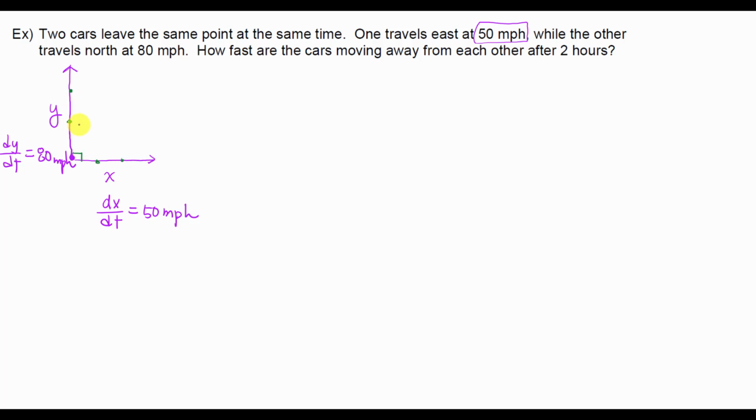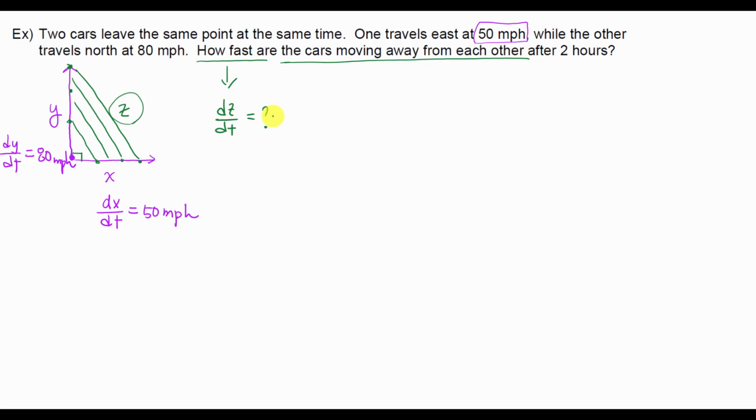So you are trying to find out how fast this is moving. Let's call that z. The quantity you want to find is how fast this is changing. They're asking you to find dz/dt. So given dx/dt and dy/dt, I want to find dz/dt.